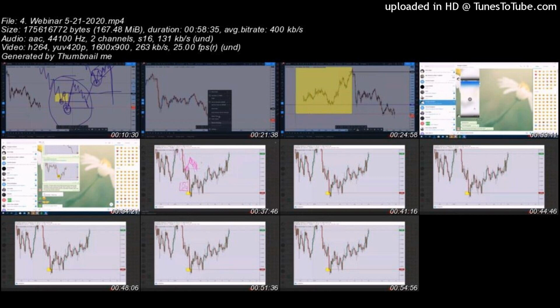This is usually done with a very strong, impulsive move like you see here. And we know that the trend is made up of three phases, as we discussed earlier: an impulse followed by a liquidation followed by a continuation.